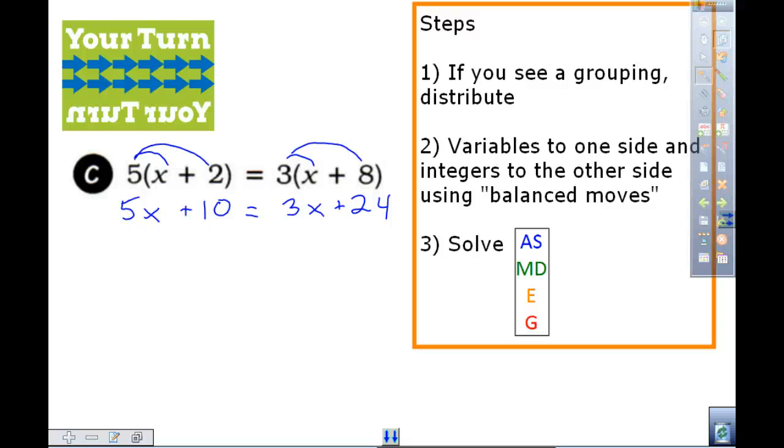X equals 7. Is there value? No. You say that is right. Almost. 14, 7?